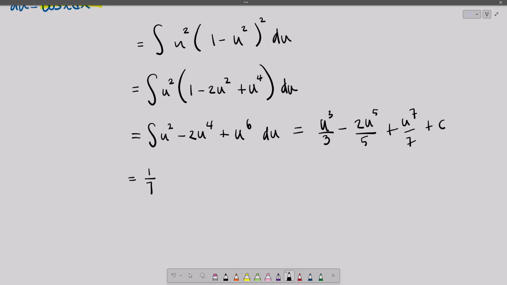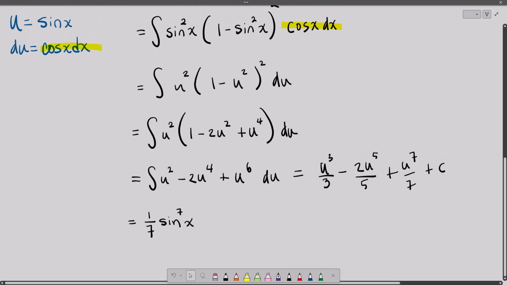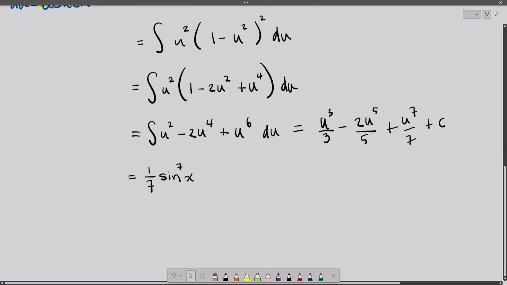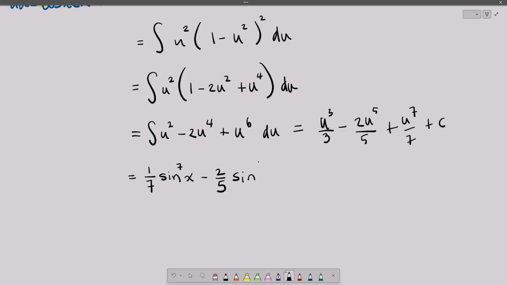You don't have to. So I'm just taking u and replacing it with sine x. So sine to the 7 of x over 7, minus 2/5 sine to the 5 of x, plus 1/3 sine cubed of x, plus c.